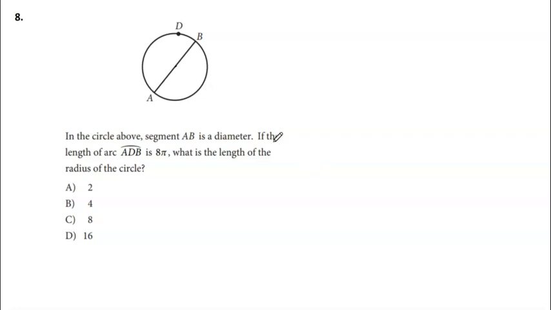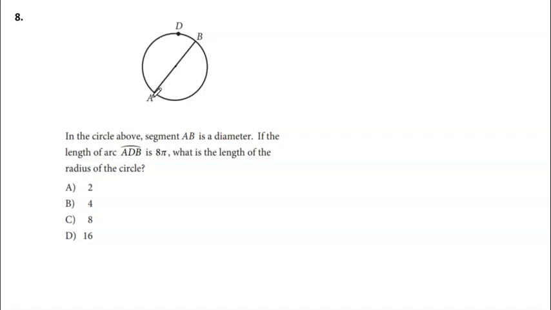If the length of arc ADB, here's the arc ADB, is 8 pi, what is the length of the radius of the circle? And we can see that ADB is half of the circumference.